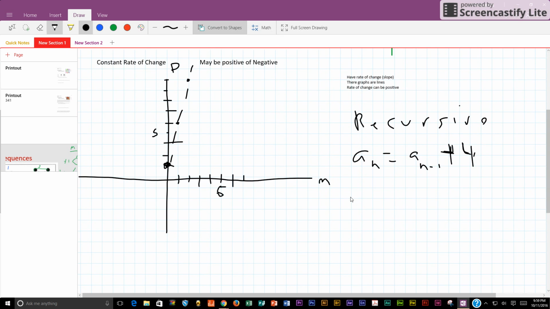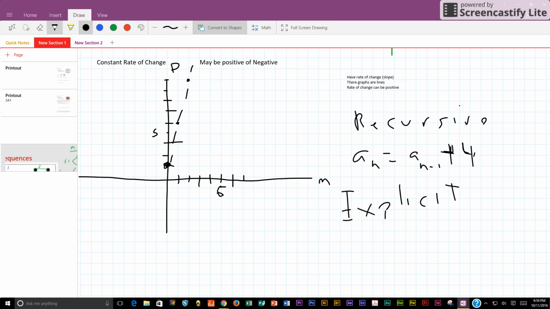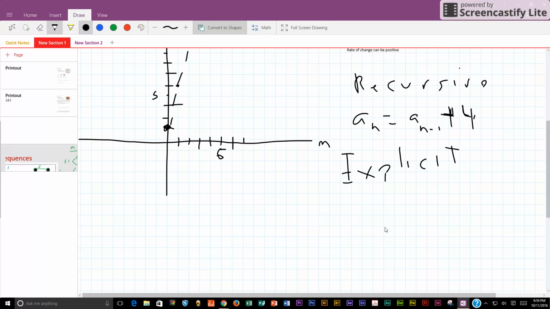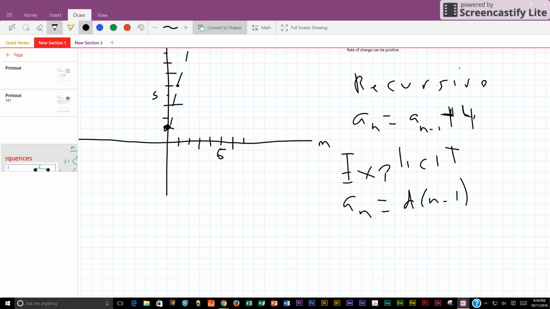Explicit formulas are somewhat more difficult because they're of the form a sub n equals d times n minus 1 plus a sub 1. So that means we have to figure out what d is. Well, it turns out that d is the rate of change.